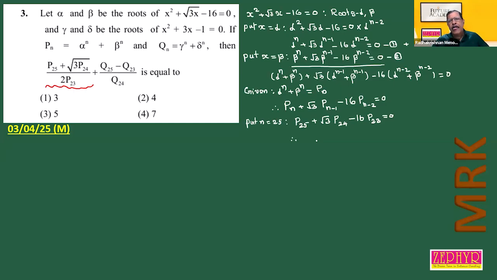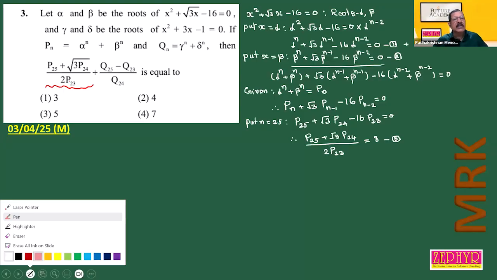Therefore, P25 plus root 3 P24 divided by P23 will be equal to 16. So if you put 2 here, it will be 8. Let that be equation 2. So we got this is equal to 8.